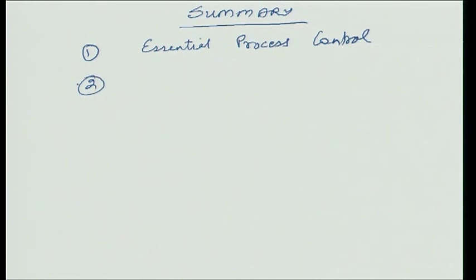Then we looked at degrees of freedom, and came up with a very intuitive way of figuring out the degrees of freedom of a process. Then we looked at control of ordinary unit operations.